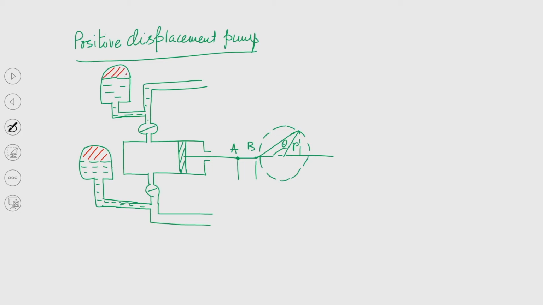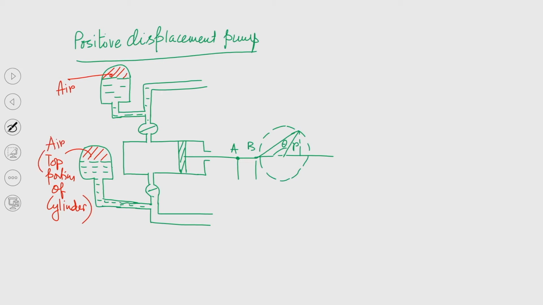This upper space, or top space, is filled with air. So the top portion of the cylinder is air, and this is also air.